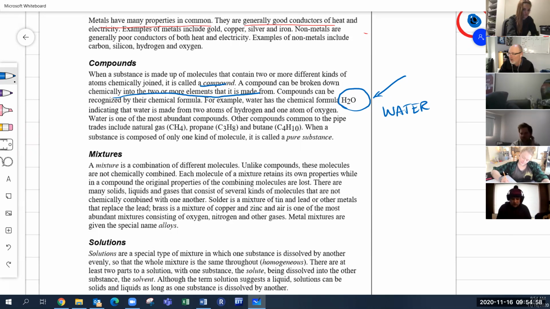Now, the compounds that we use in our pipe trades: natural gas. Its compound is CH4, meaning it's 1 carbon and 4 hydrogen. Propane, C3H8. Butane, C4H10.